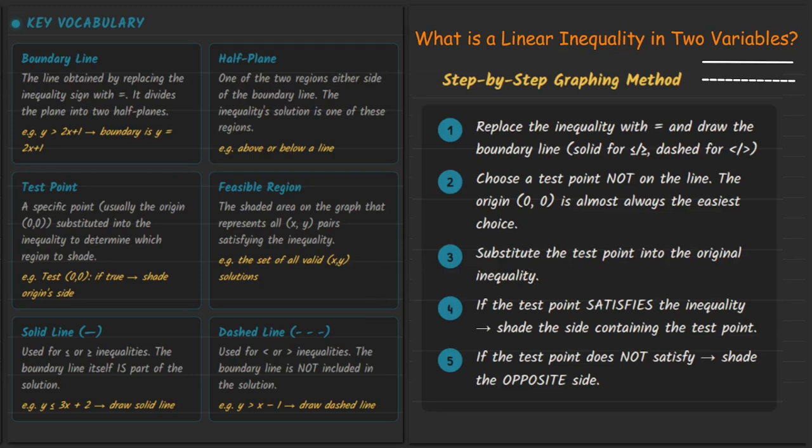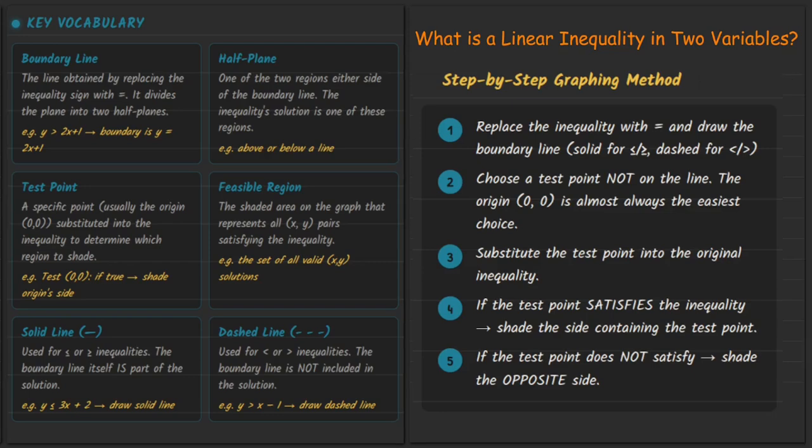Using it as your test point simply means you substitute it into your inequality and find whether or not that test point satisfies your inequality. If it does, then we shade all that portion as the region that satisfies our inequality. If it doesn't, then you shade the other part.